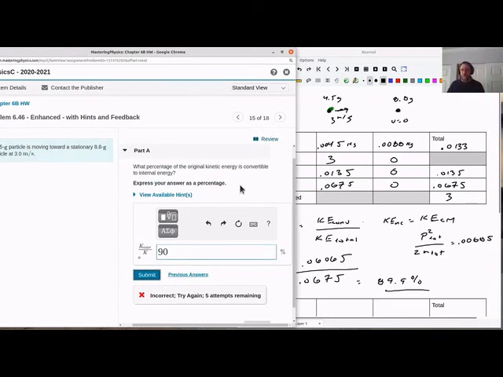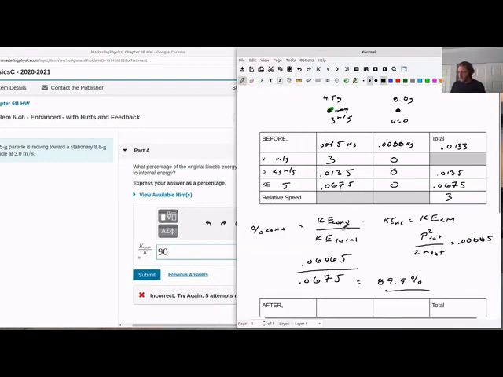To find the percent convertible, I need the total, and I need the amount that is convertible. My fundamental idea was that I needed the convertible kinetic energy and the total. I thought the convertible was 0.06065 joules, and the total was 0.0675. So I need to check those calculations. Is the total really 0.0675?